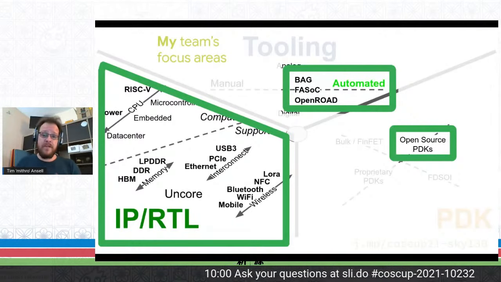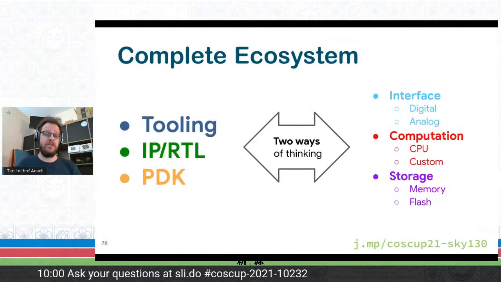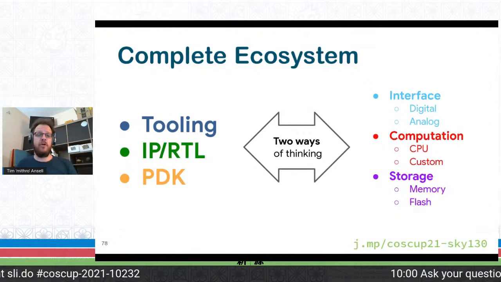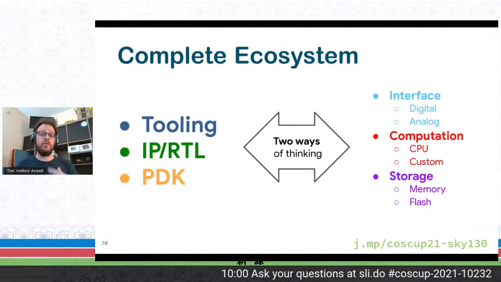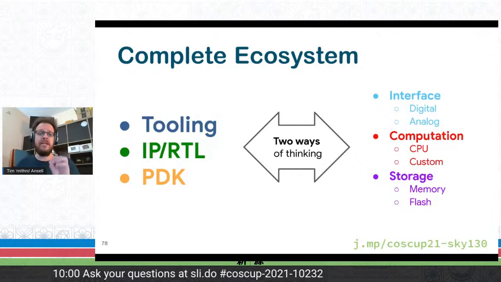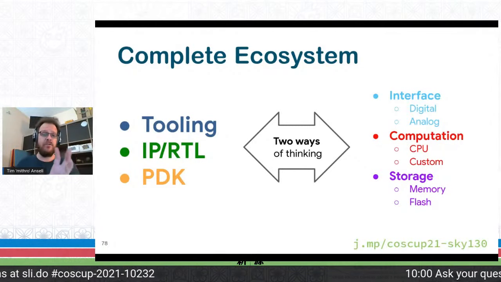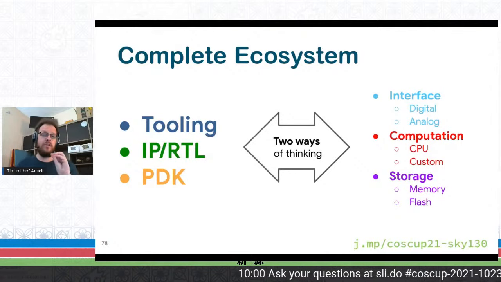And while developing this map, I actually discovered that there's another way to look at this ecosystem. I've been talking about this ecosystem in terms of tooling, IP, and PDK, but you can also think about it in the terms of what is each part used for. There is interfacing with the external world, there's doing some computation, and doing storage.